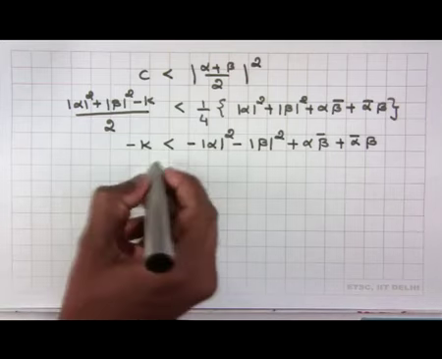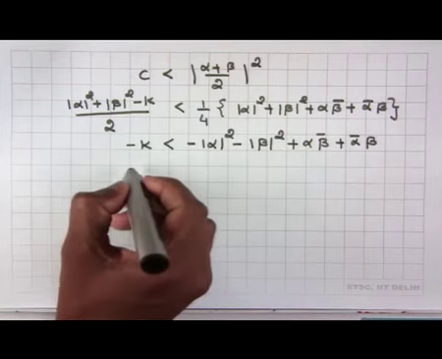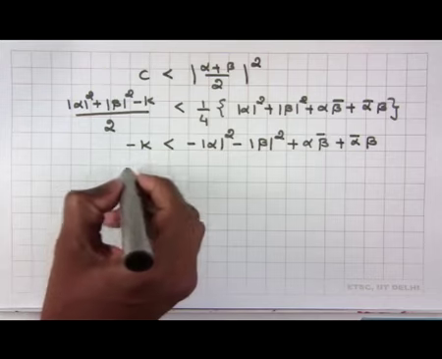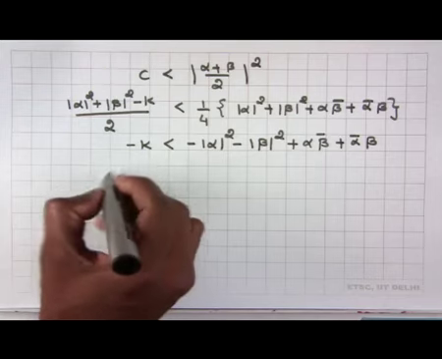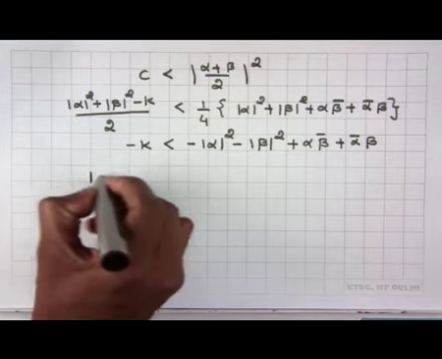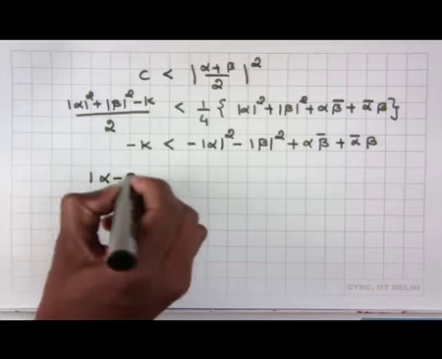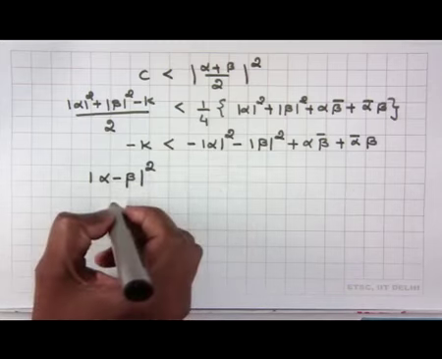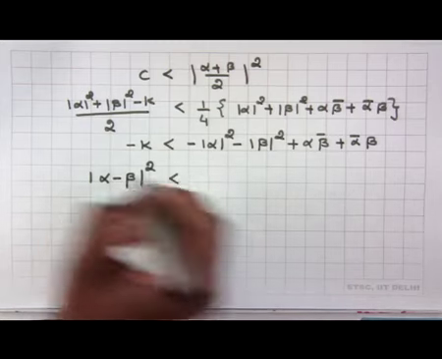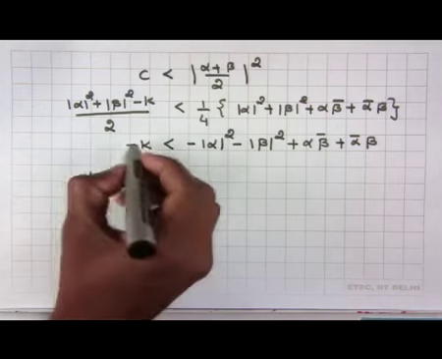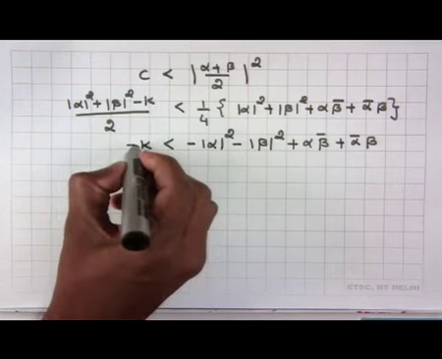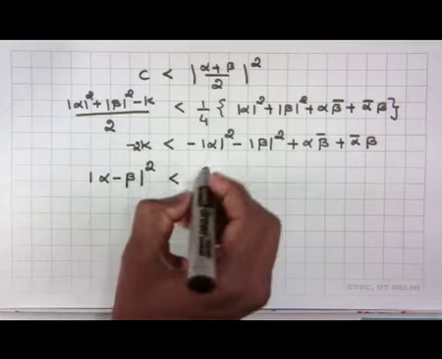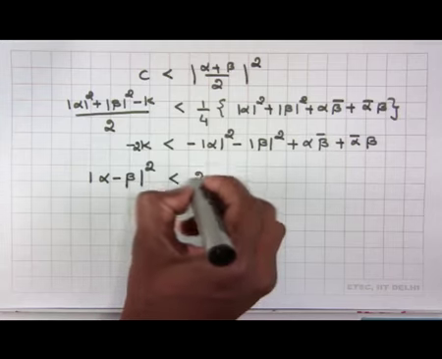Now, multiply by the minus sign on both sides and we get the reverse inequality, that is |α − β|² is less than, one mistake, this is 2, less than 2k.